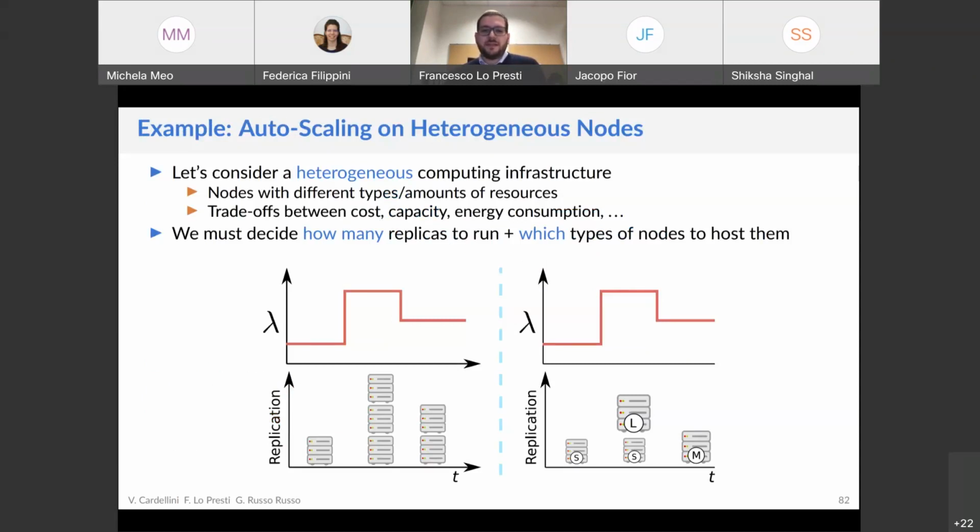Just think of virtual machines in the cloud, where you can have small, medium, large instances. And of course, you have a trade-off between cost, computational capacity, and energy consumption of the different machines. In this case, we don't only have to decide how many replicas to run for each application component, but also which type of nodes to use for hosting them. So the problem becomes clearly more complex.